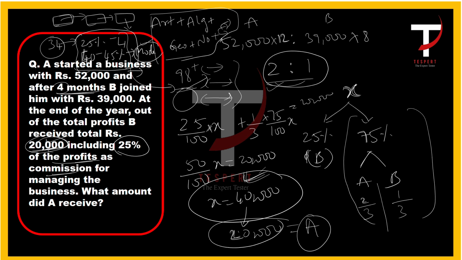For TISSNET, CMAT and the remaining exams, level 2 is not required. If you want, you can practice, but the concept class, the basic problems, and the level 1 problems are enough for TISS and CMAT.